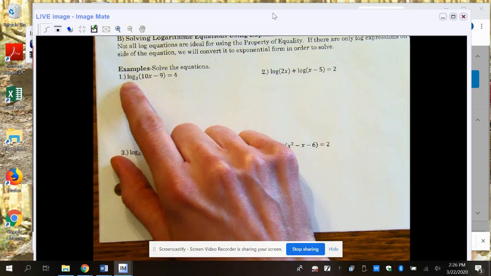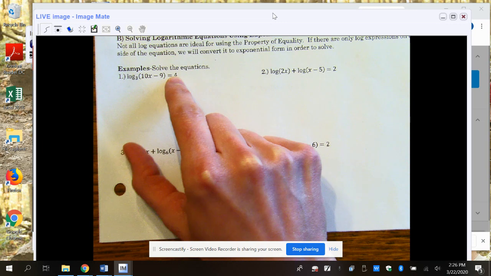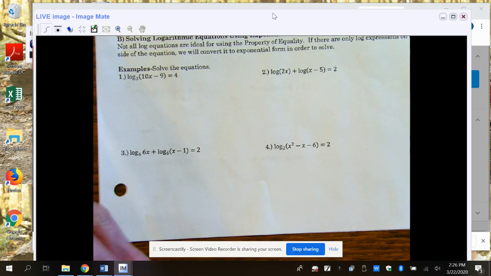So here we just have log base 3 of 10x minus 9 equals 4. We don't have a log on both sides, we've just got a log on one.